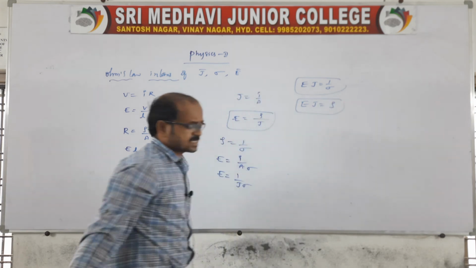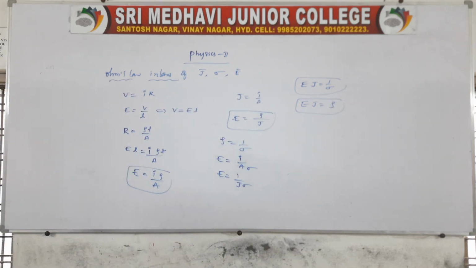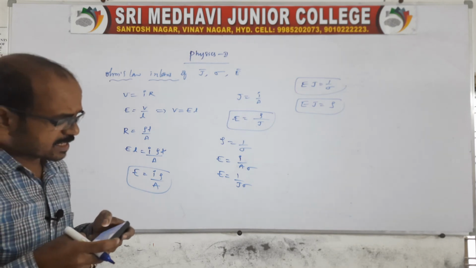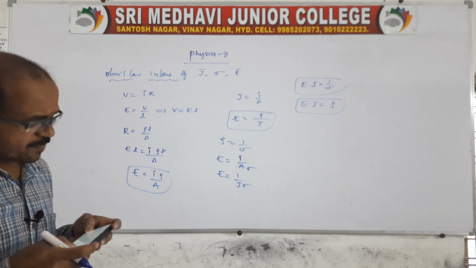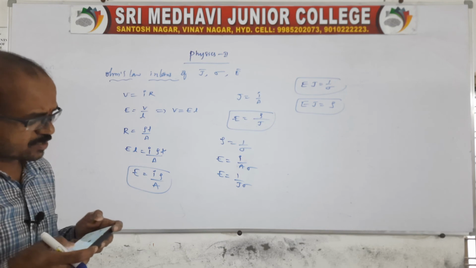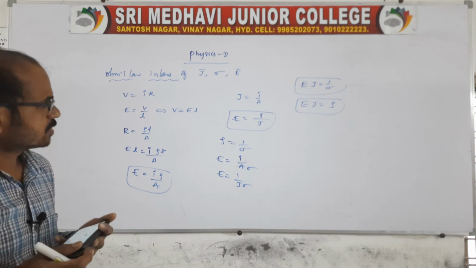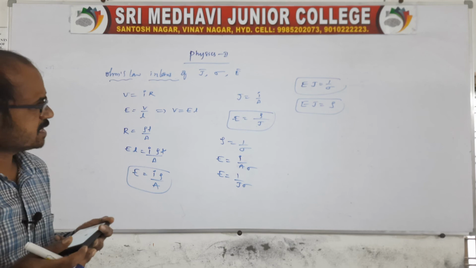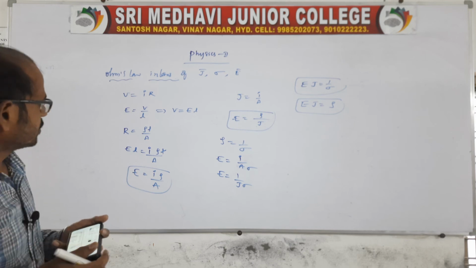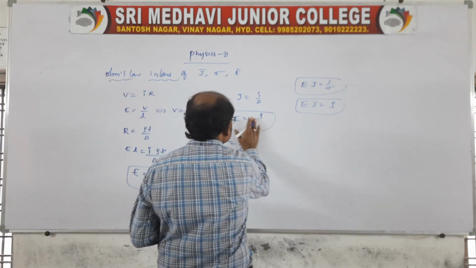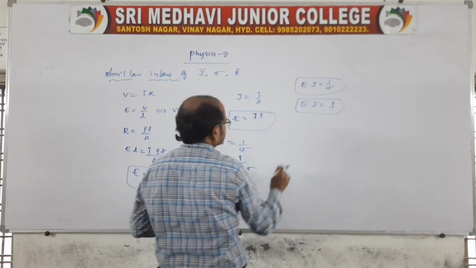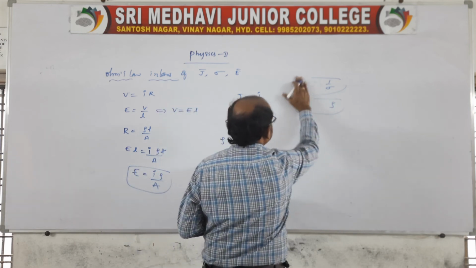These are the relations in terms of conductivity, current density and the expressions related to J and rho, right? I'm sorry, it is 1 by J here. You wrote it wrong here.